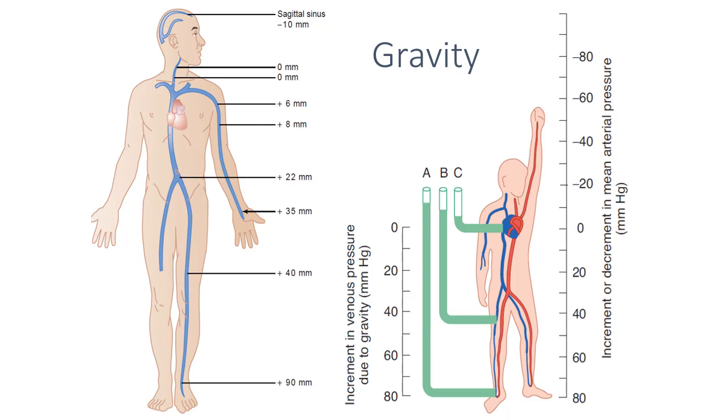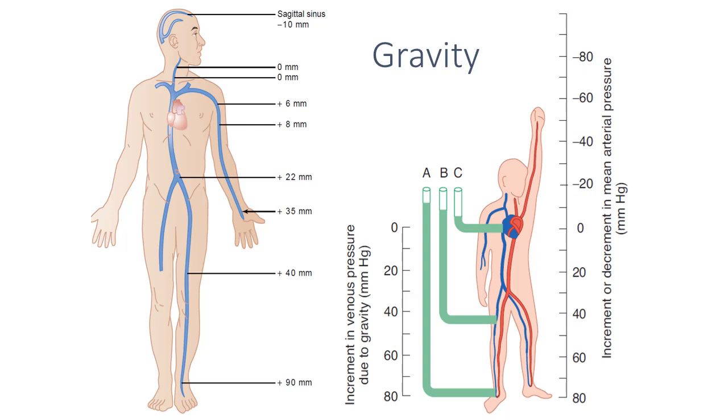Also, this pressure is higher in the arteries. Why? Because arteries already have a pressure. For example, imagine arterial pressure is about 100 millimeters mercury.